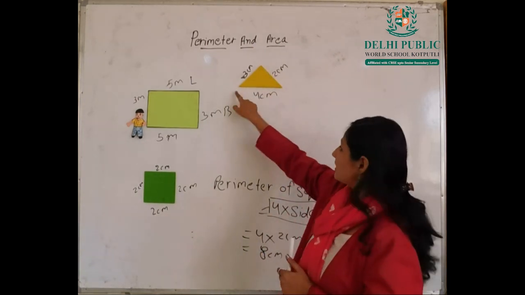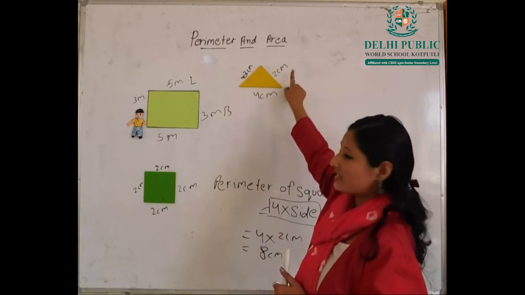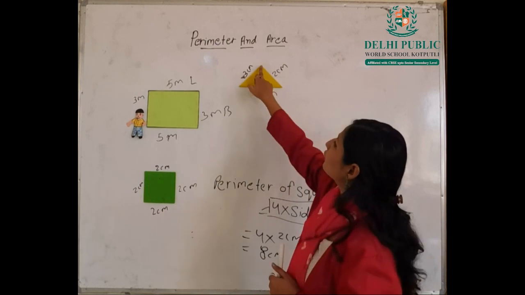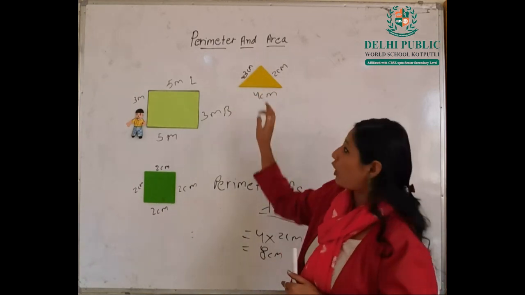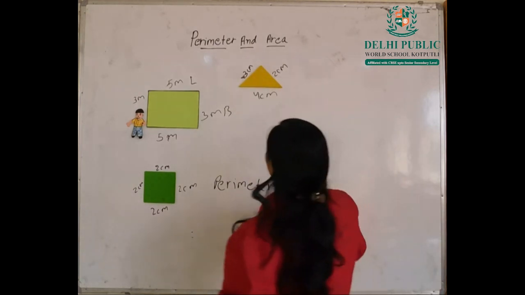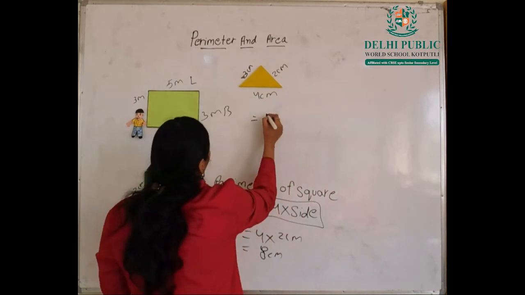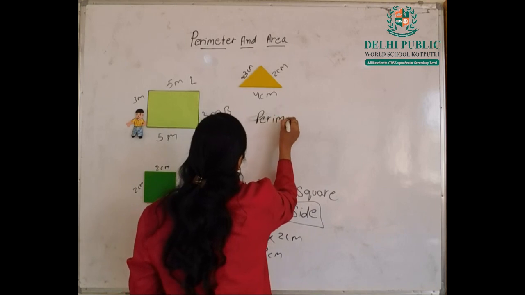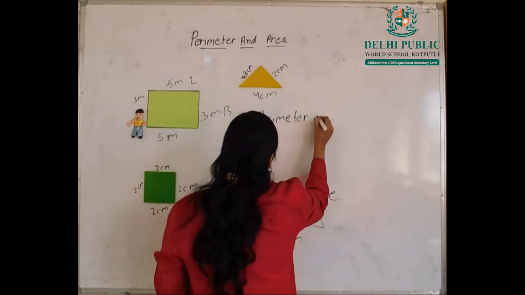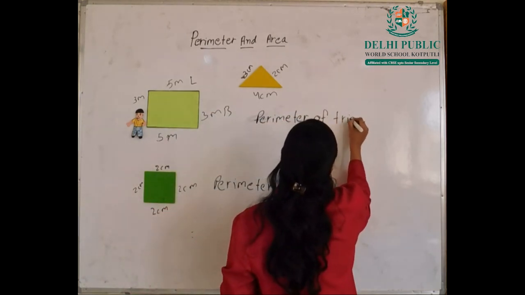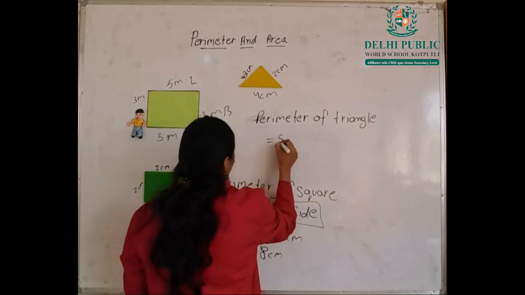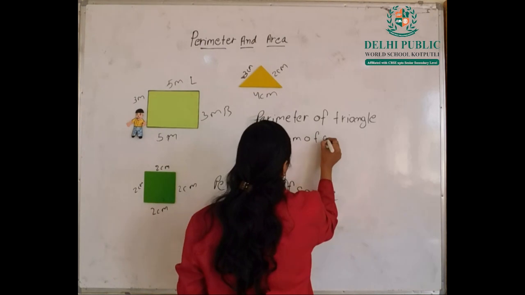The perimeter of a triangle is equal to the sum of all the sides.